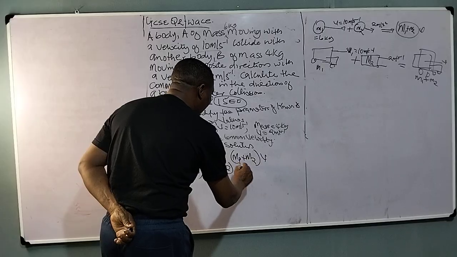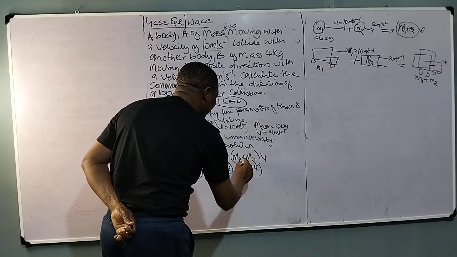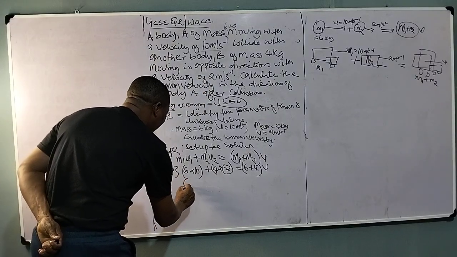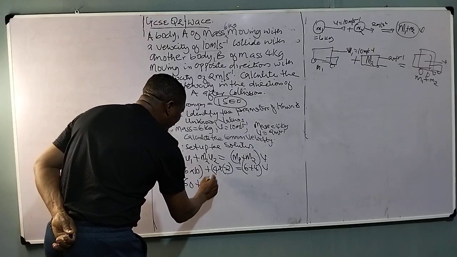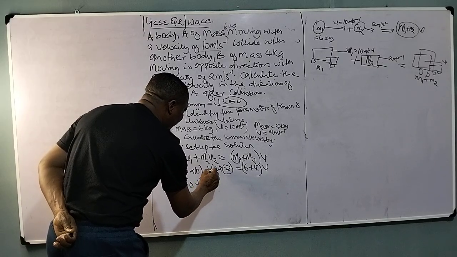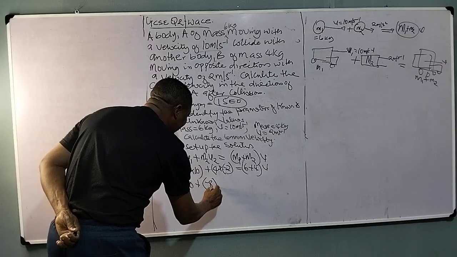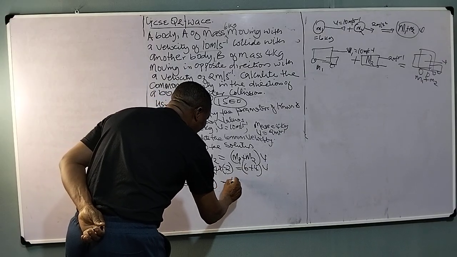Now we have m1 is 6 plus 4, then open and close bracket. Now we have 6 times 10 is 60, plus 4 times minus 2 is minus 8. This equals 6 plus 4 is 10V.